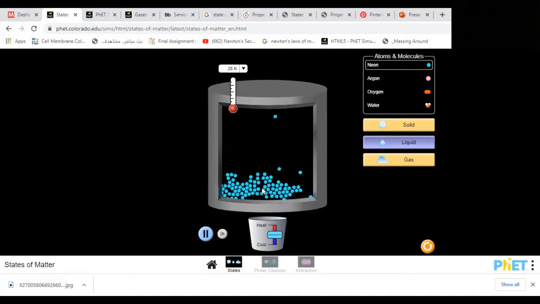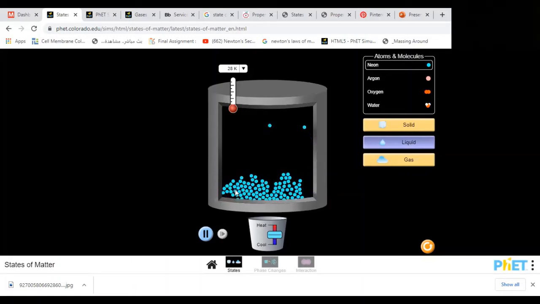They are vibrating and at the same time moving past each other, flowing above each other in layers. That gives it what property? Do liquids flow from one place to another? Exactly, they flow from one place to another.